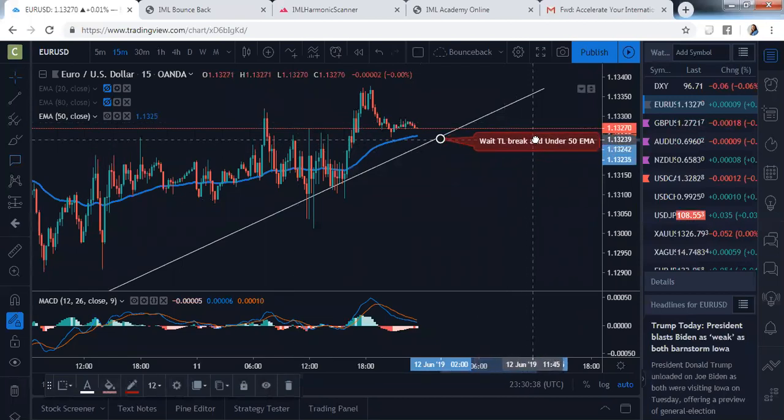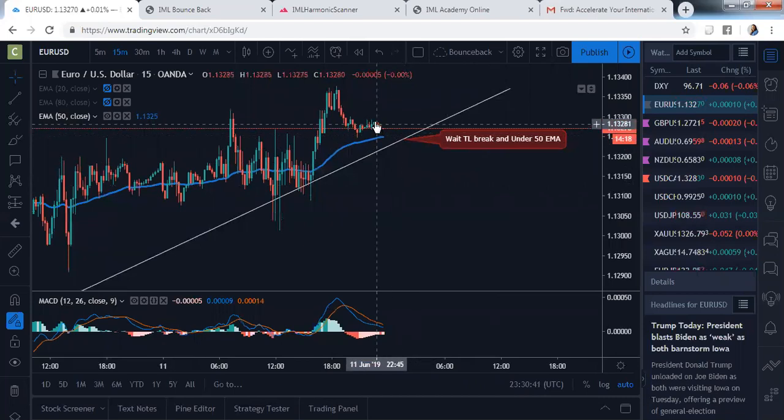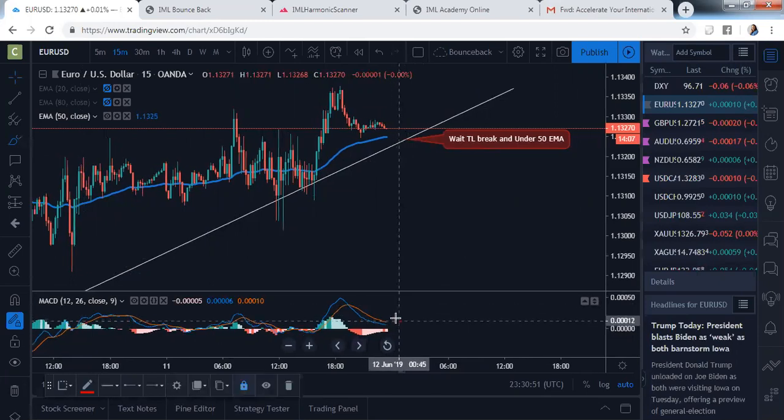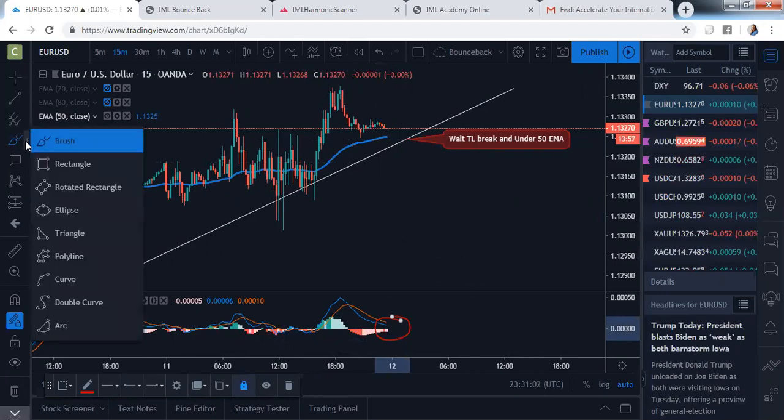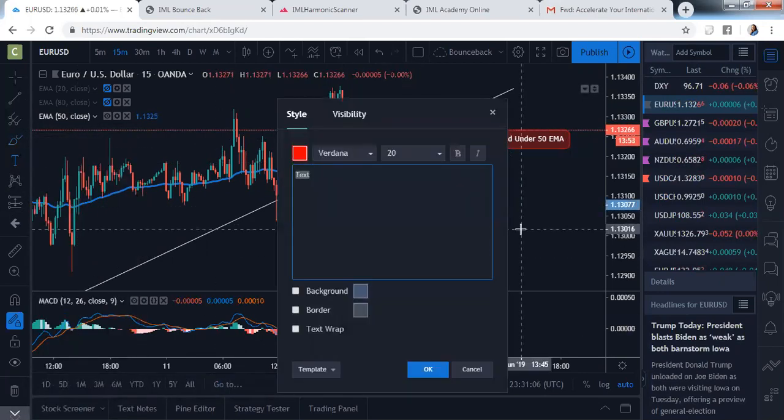Nice and easy. Voila, right? That's all we're waiting for. We're waiting for the trade to break our trend line and also be under our 50 moving average line, right? Then we're looking for the MACD to also correspond with it. So the MACD needs to break below our histogram, right? So everything needs to line up. It's the same thing, same principle, right? Everything just needs to line up.